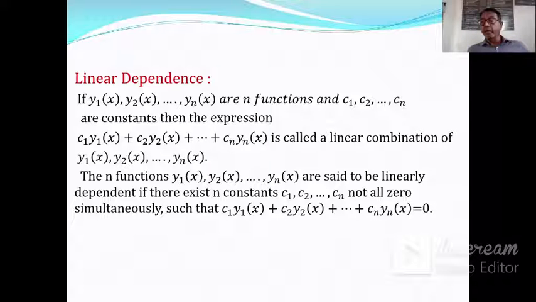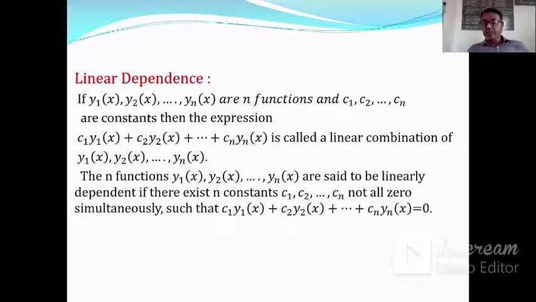At least one. It may happen that one constant is non-zero, or two constants are non-zero, or all the constants are non-zero, such that c1 y1 of x plus c2 y2 of x plus ... plus cn yn of x is equal to 0.